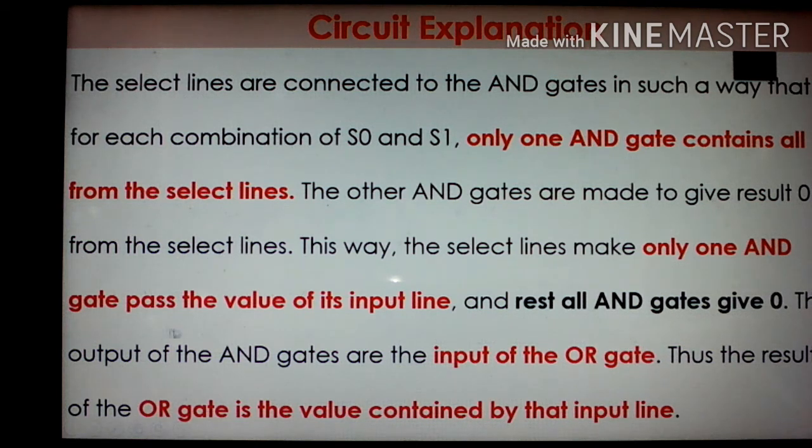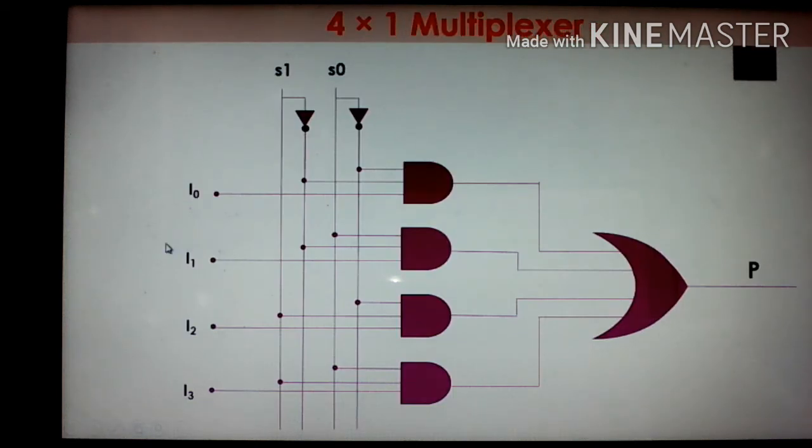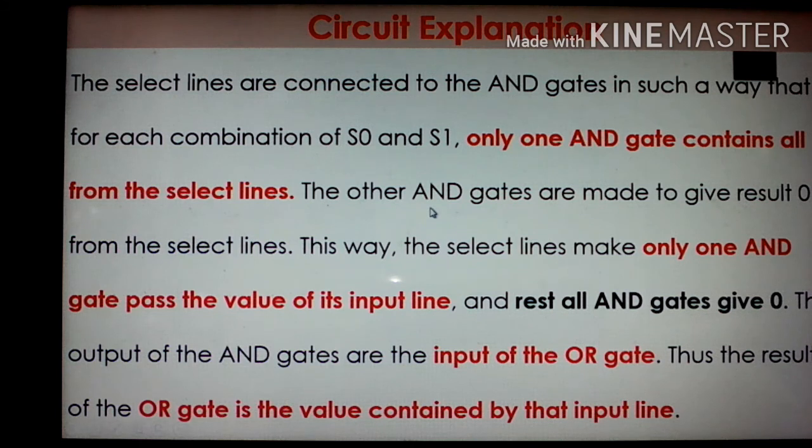That means, based on these select lines, only one of the AND gates will give a high output. This way the select lines make only one AND gate pass the value of its input line, and all the rest of the AND gates give 0.